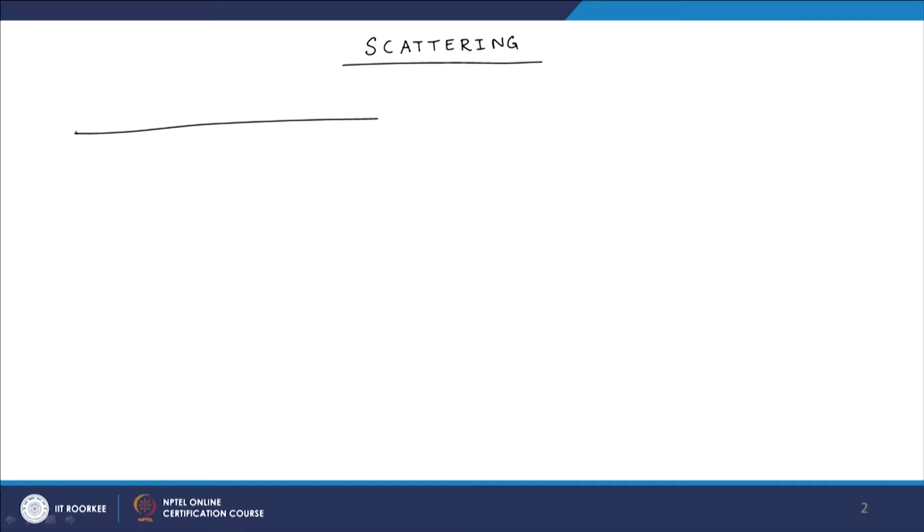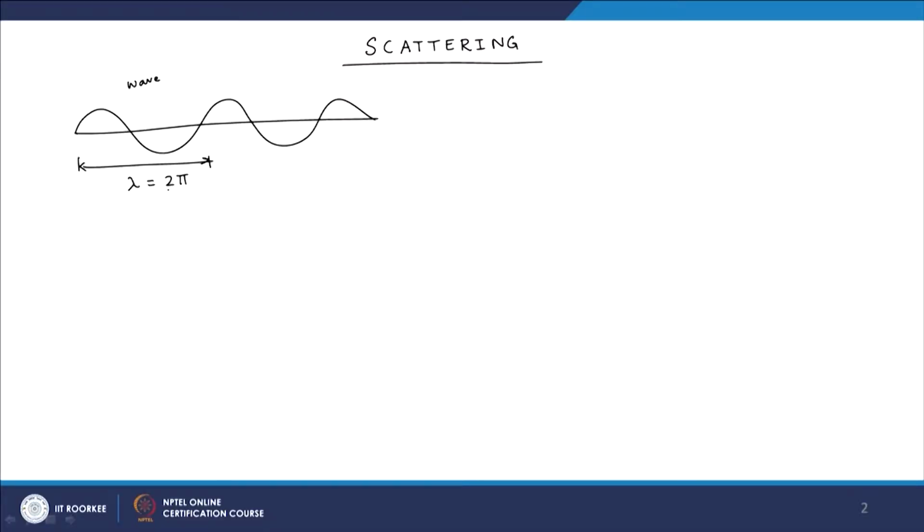Just to remind you about waves, waves do possess something known as a wavelength that characterizes the length scale of the fluctuations of the wave, and that is related to something known as a wave number, that is called k.